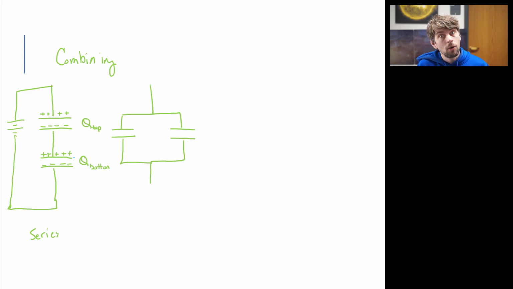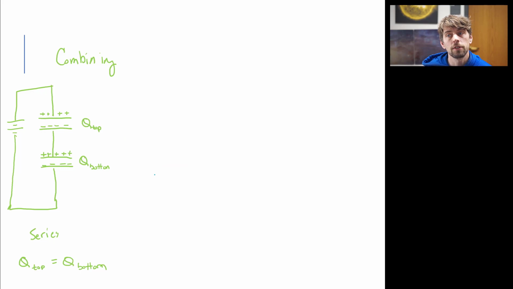By nature of how capacitors work, when capacitors are in series, the charge on the first capacitor ends up being the same as the charge on the second. And again, you can see that just by virtue of how the capacitors work. If charges are expelled from the first capacitor, the only place for them to go is the second one. Good.